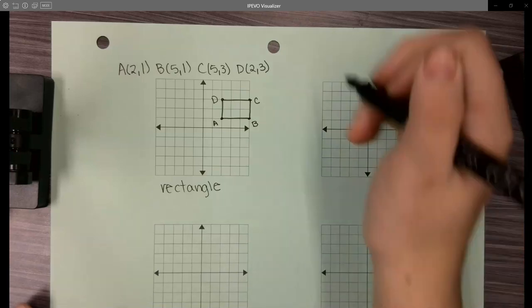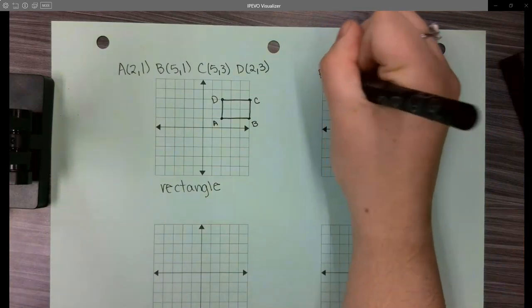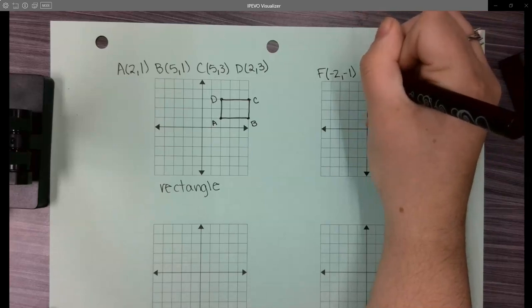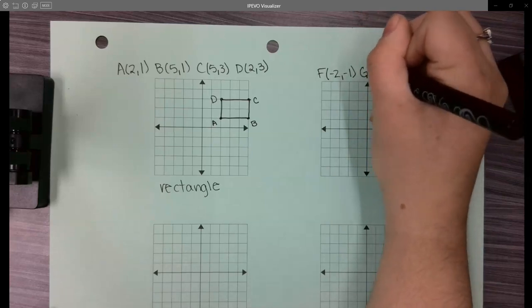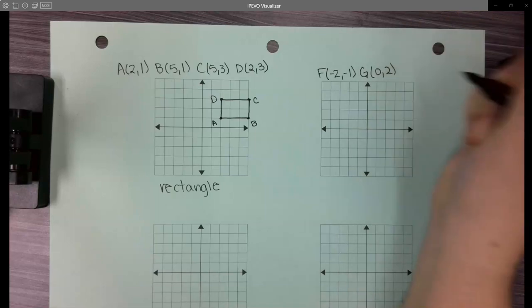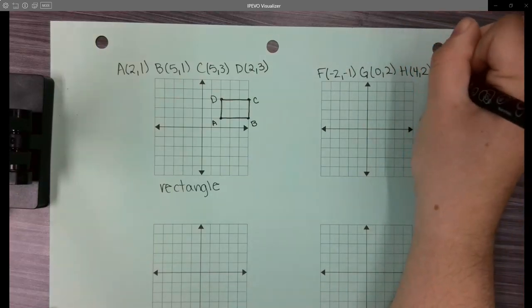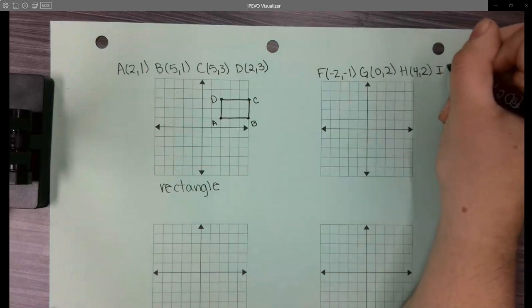Okay, my next one, I'm going to have F is (-2, -1). I have G is (0, 2). H is (4, 2). And I is (2, -1).